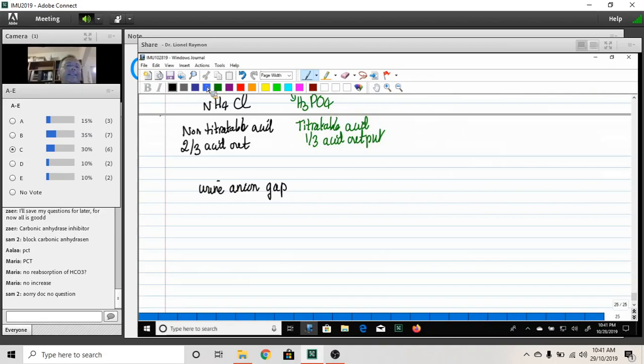There's little bicarb, virtually all reabsorbed. But there is lots of chloride from non-titratable acid. So potassium minus chloride, that's the urine anion gap. So there's no bicarb, no sodium in the equation.